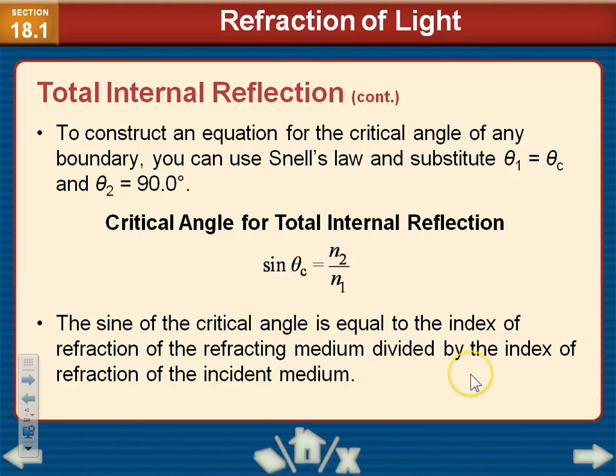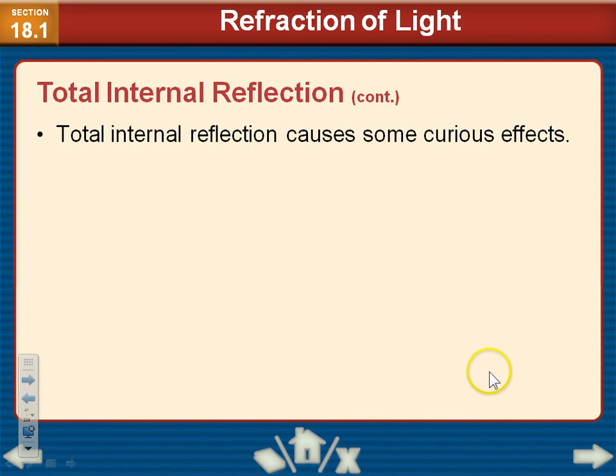The sine of the critical angle is equal to the index of refraction of the refracting medium divided by the index of refraction of the incident medium. So again, if it's traveling into air, you'll have a 1 up there, and then you'll have a greater number down here for the material that's coming out of, like glass or diamond or whatever. And when that angle gets big enough, then all the light stays inside.